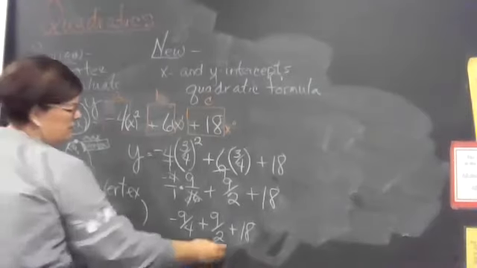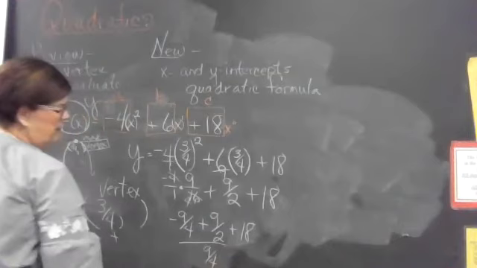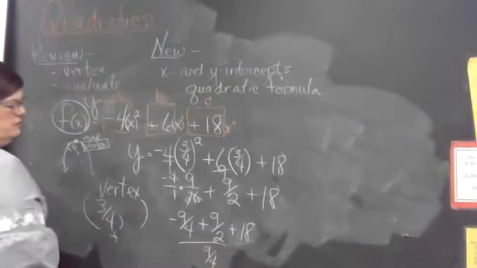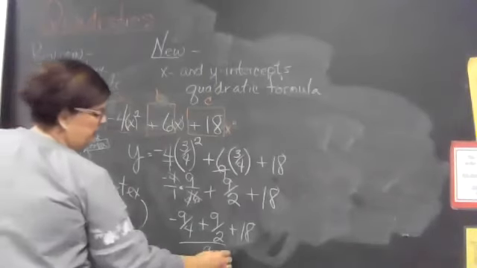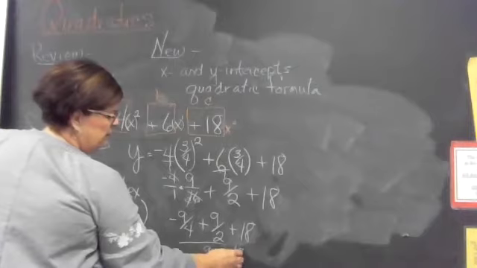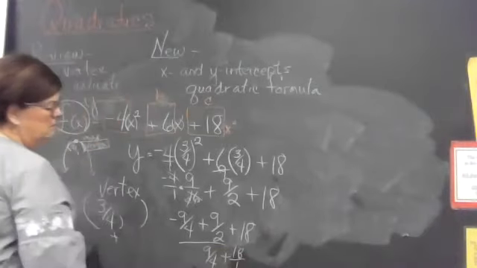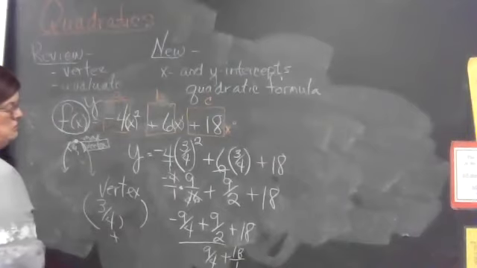So we have, this becomes 9/4, a positive 9/4, I think. Yes. Plus 18/1, using your calculator here. I don't know, 4, 32, 72, 81/4.